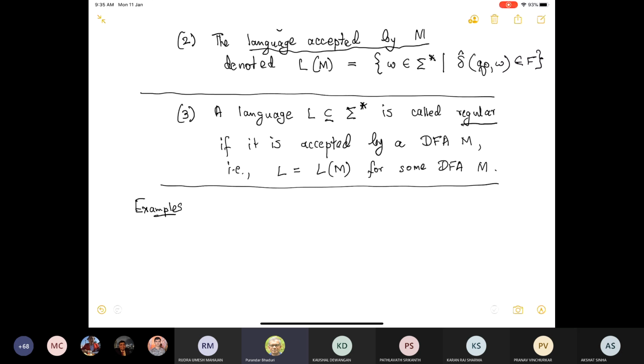But of course, there are very simple examples. The empty set, right? The empty language.